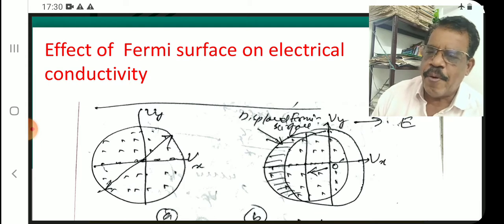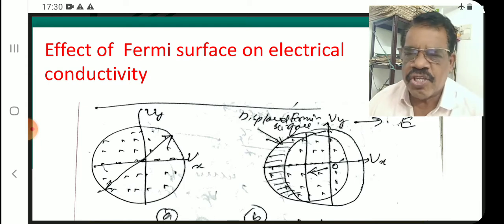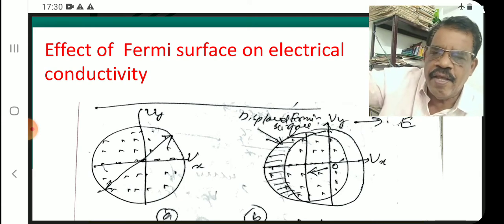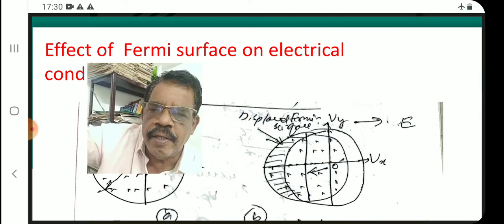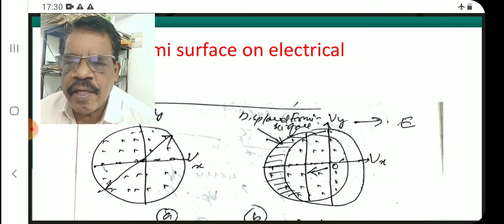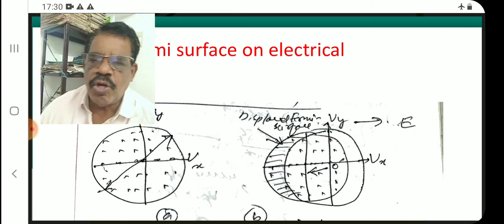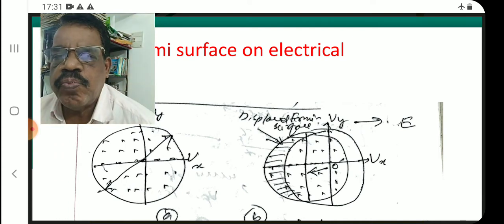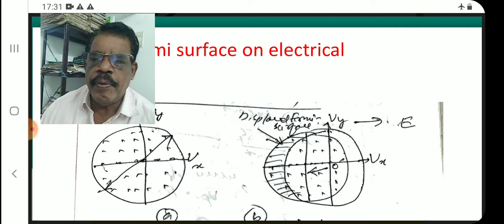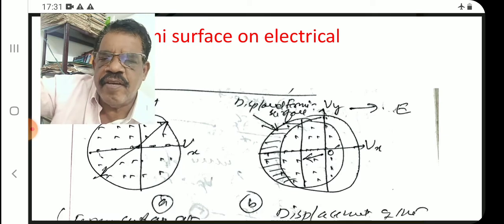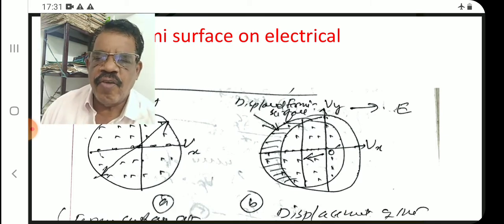The velocity components Vx and Vy are shown, and that is figure A. When we apply an electric field E as shown in the figure, the Fermi surface is shifted to the left. That is the displaced Fermi surface shown in figure B. Velocity Vx and Vy are also represented.